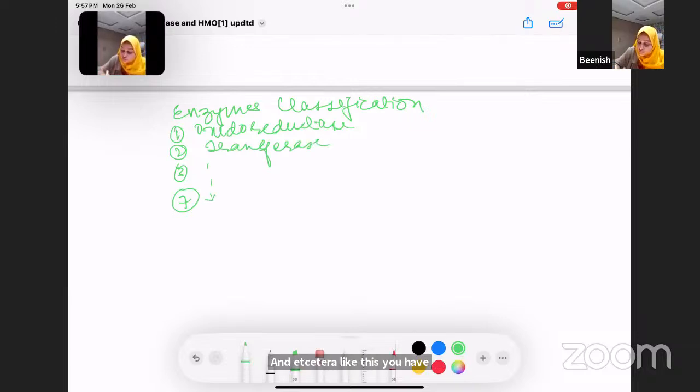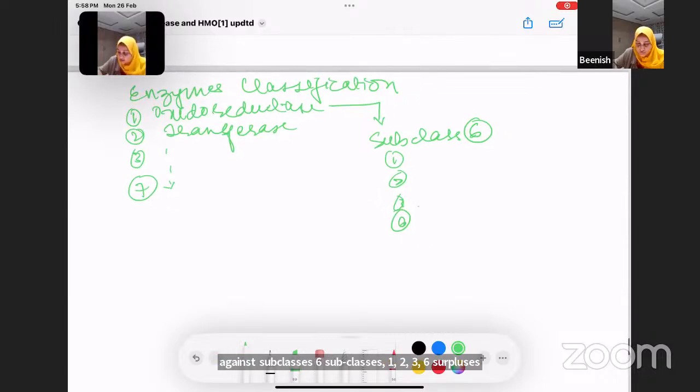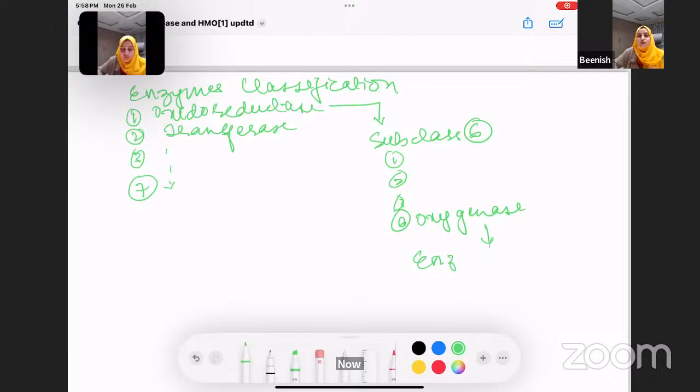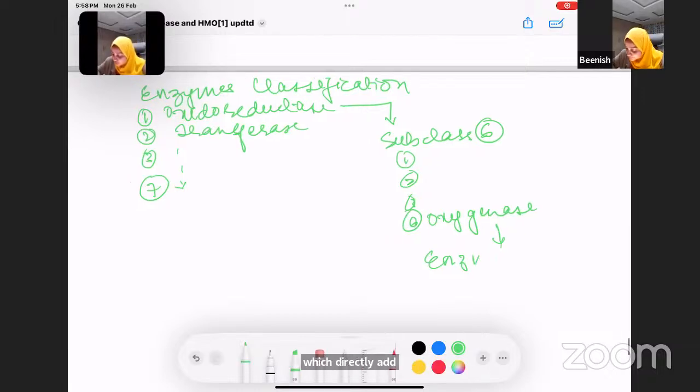Okay. So one of those classes, that is oxidoreductases, has again 6 subclasses, and one of those subclasses is your oxygenase. Now, what are oxygenases? Oxygenases are those enzymes which directly add oxygen to the substrate.